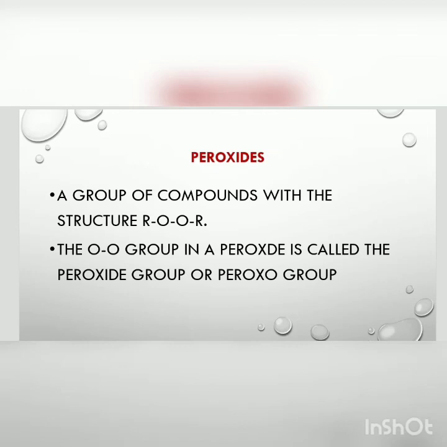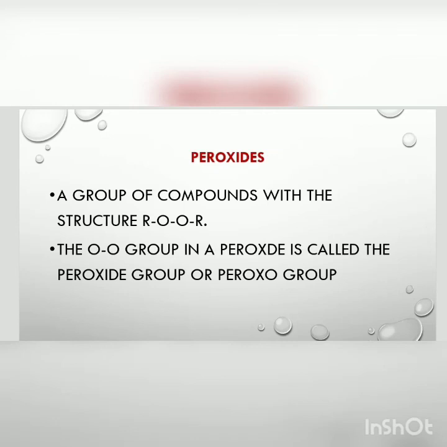And barium peroxide, the formula of barium peroxide is BaO2, formerly used as a source of hydrogen peroxide. So the examples of peroxides are Na2O2 and BaO2. The common peroxide is hydrogen peroxide, that is H2O2.